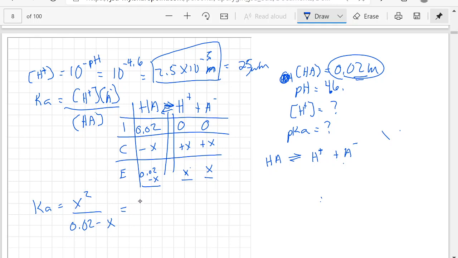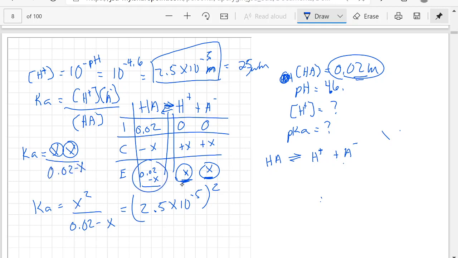If the H plus is 2.5 times 10 to the minus fifth, then the A minus must also be that amount. So Ka is equal to X times X, over 0.02 minus X.